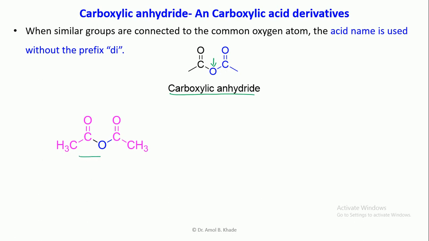Here in this structure you can see this is one group and this is another group, and they are similar and attached to the common oxygen. So in this case you need not use the word di for these two substituents or groups. So what name can you give here? In this case this will be 1 and this will be 2, again this will be 1 and this will be 2.